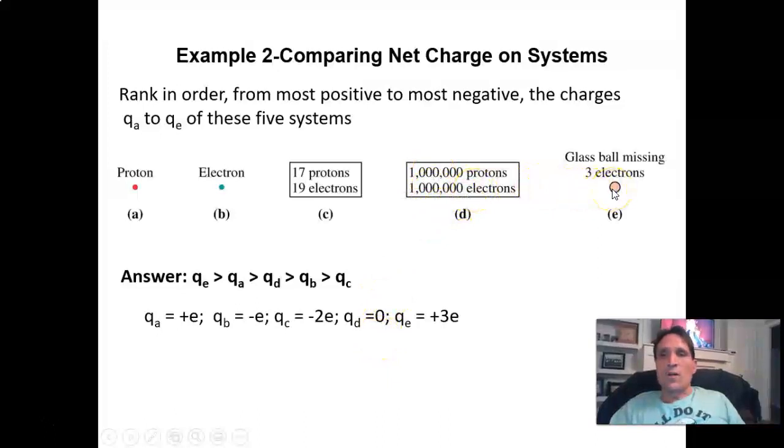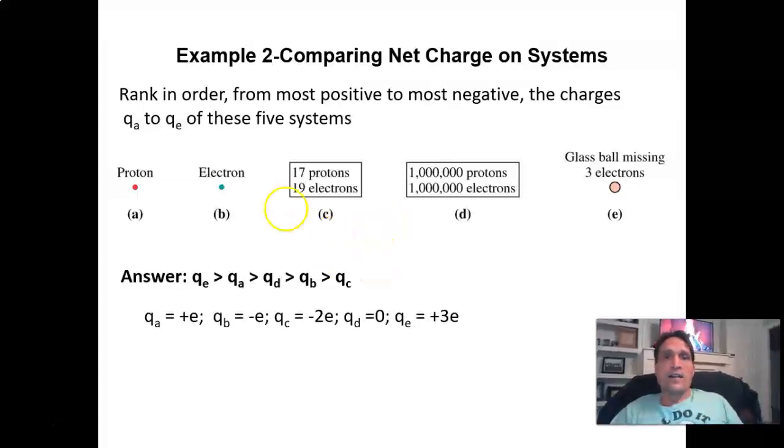And then you have a glass ball that's missing 3 electrons, and so its charge is plus 3 times E. And so if we rank these, system E has the most positive charge, followed by system A, which has a charge of plus 1 E, followed by D, which is 0 E, followed by B, which is negative 1 E, and which is followed by C, which is negative 2 times E.